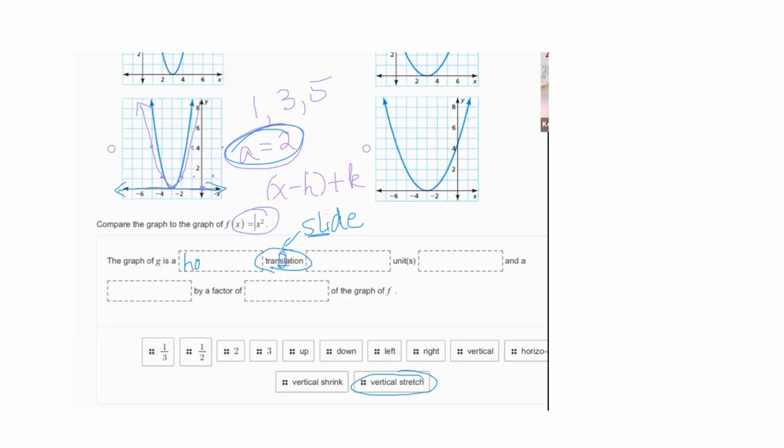It goes left to right, and the horizon is flat. When we're talking about the X direction, we're always talking about horizontal. So horizontal translation, 3 units left, and then a vertical stretch by a factor of 2.